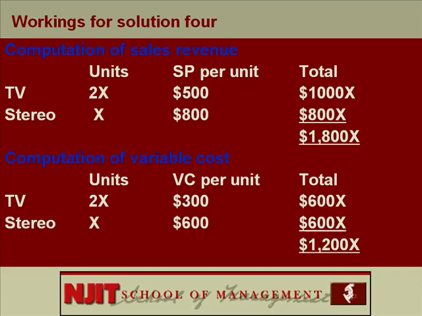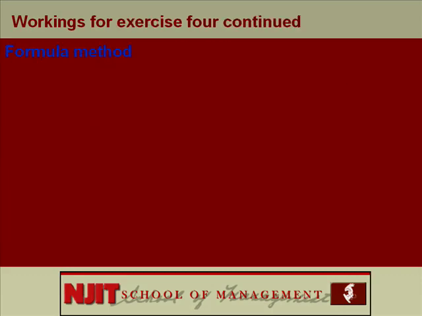What would happen if you used the formula? It's an identical formula. Sales in units to break even is fixed cost over contribution per unit, but this contribution per unit is called weighted contribution per unit.